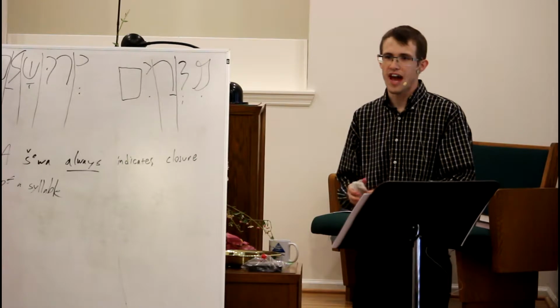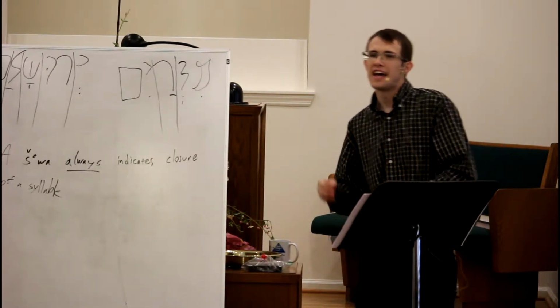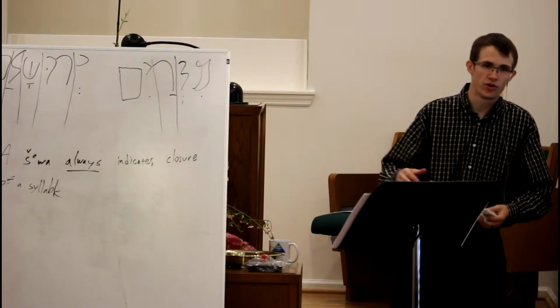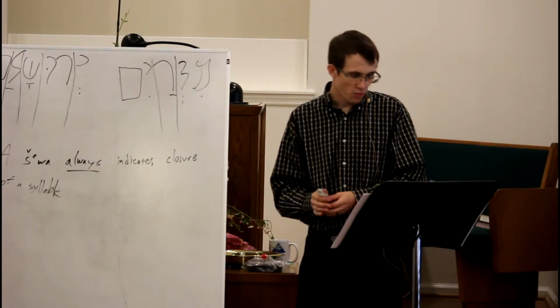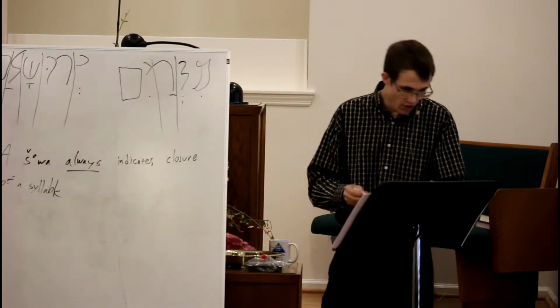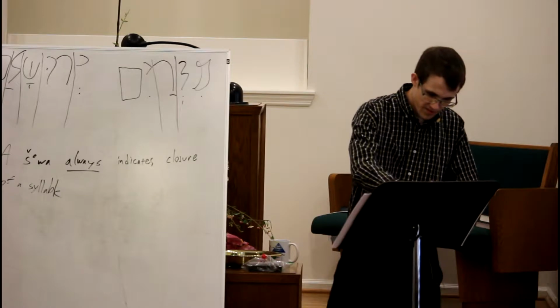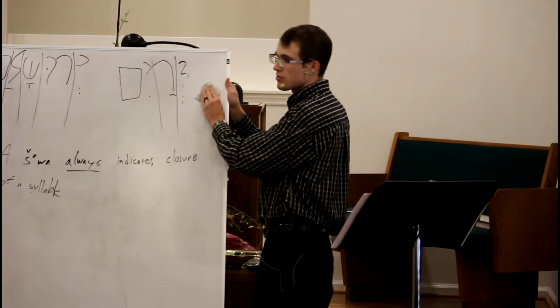My goal is to have roughly 5 to 10 words at the closure of each lecture that you can start to build your vocabulary with. Before we get there, though, I want to tie up some miscellaneous things in this part 2 of syllabification.